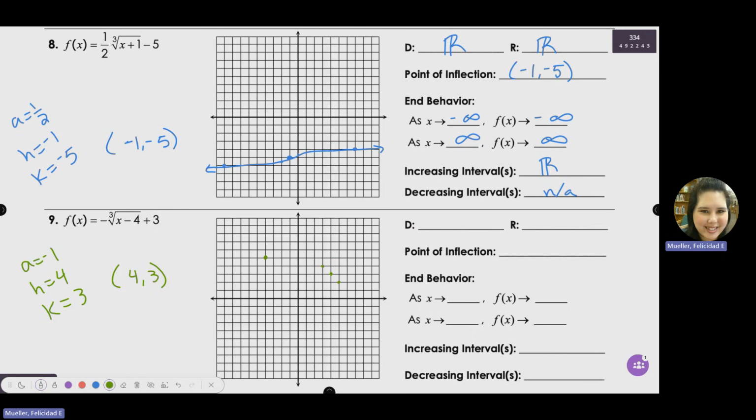I know I can't reach the cubic root of 3 exactly, so we're just going to go with that. Domain and range: all real numbers. The point of inflection is 4, 3. As we go left, it goes up. As we go right, it goes down. It is never increasing, but it's always decreasing.